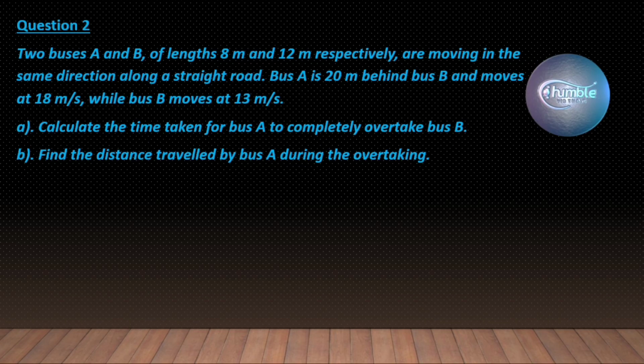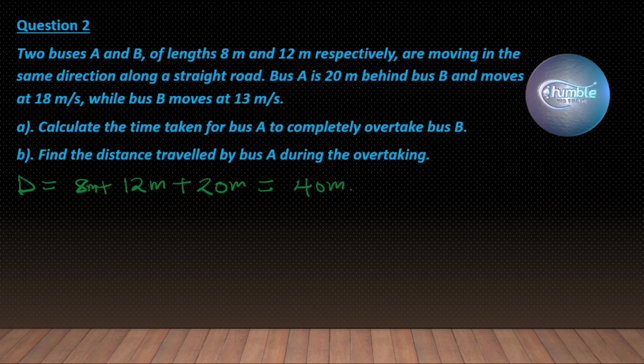So therefore distance between them is going to be their length, that is 8 meters plus 12 meters plus the distance between them, which is 20 meters. The sum of this 8 plus 12, that is 20 plus 20, that gives you 40 meters.